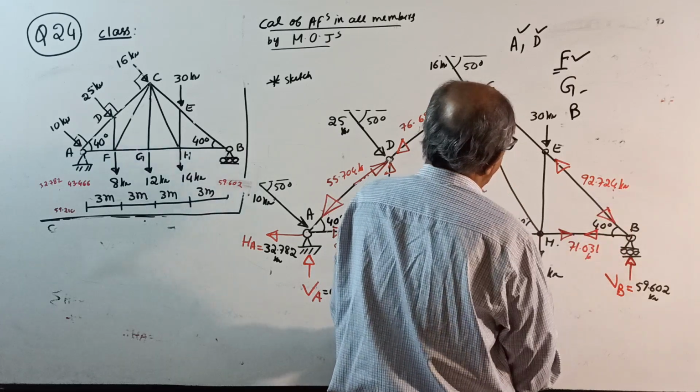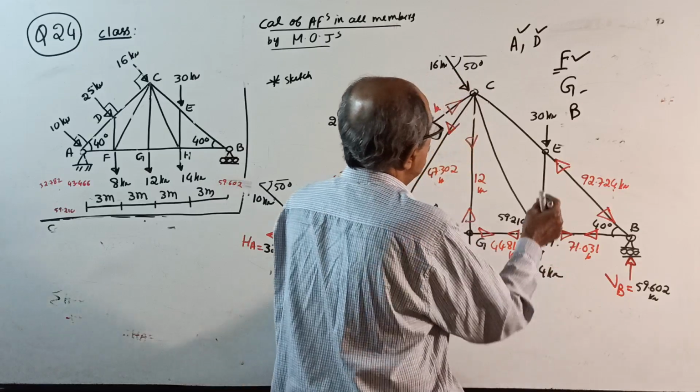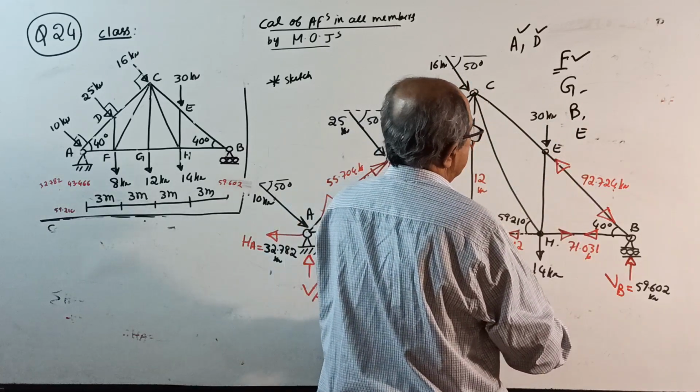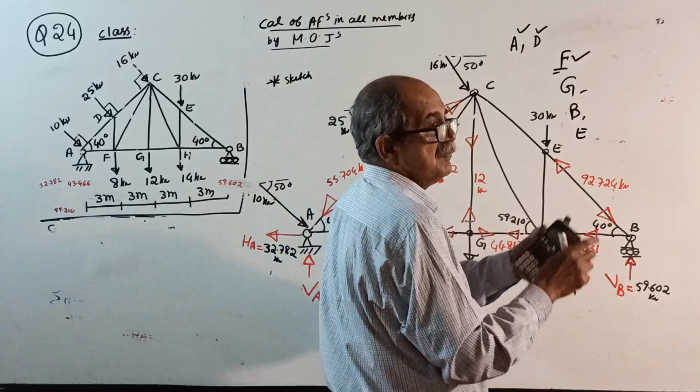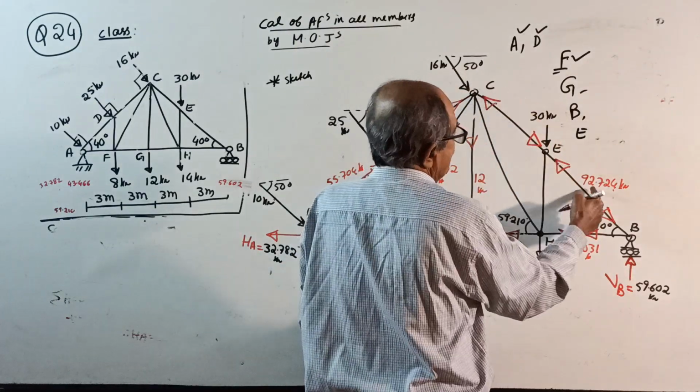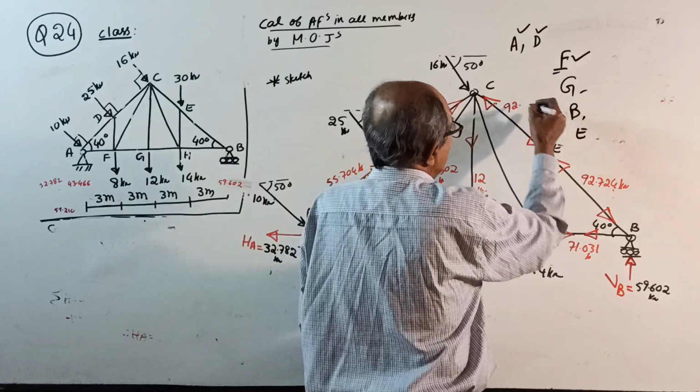Okay, now which joint? Go to joint E, better. E is best, go there. Don't bother, you solve systematically.